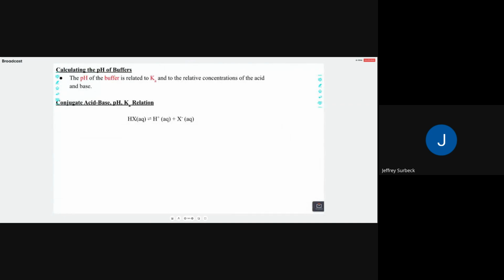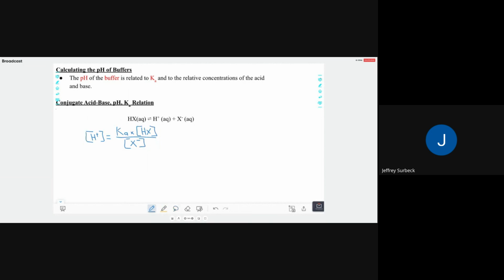So again, that last part that I wrote down is going to be our starting point for what we have here, okay? It says the pH of a buffer is related to Ka. Well, yeah, it's also related to their relative concentrations. So let's make this formula actually useful, okay?